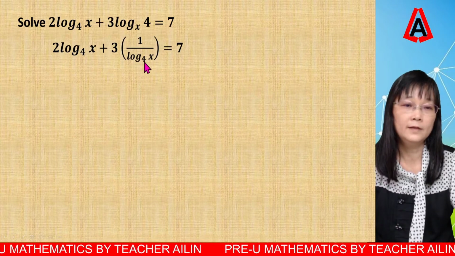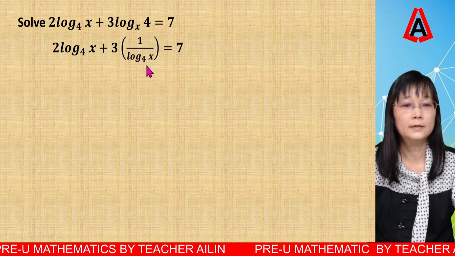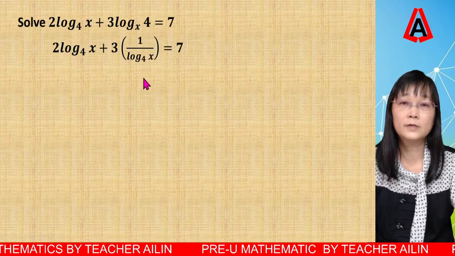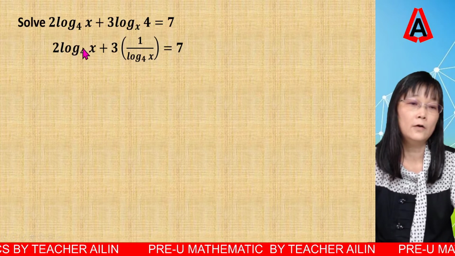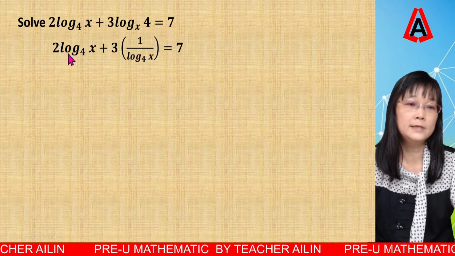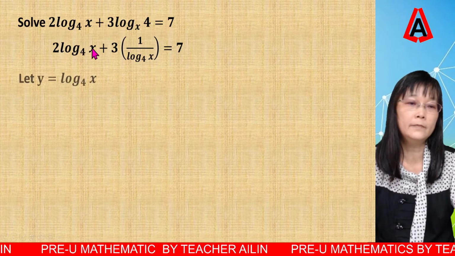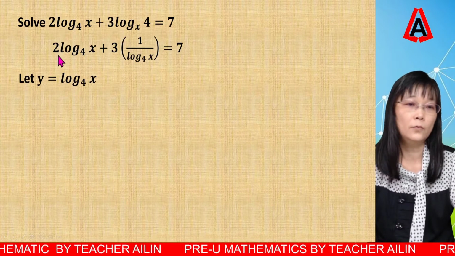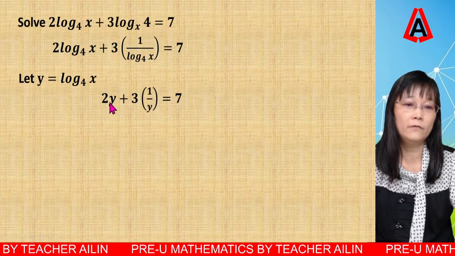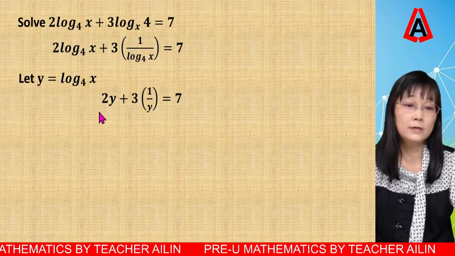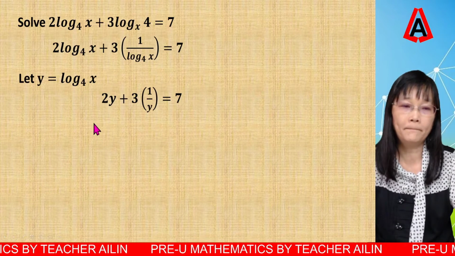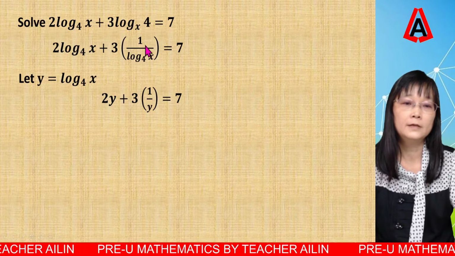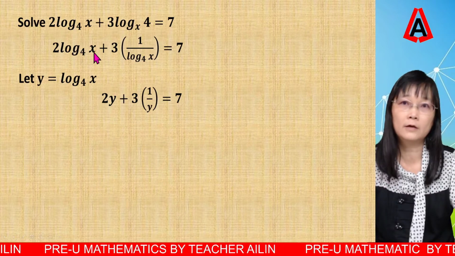After that, in order to make the calculation easier, I replace this logarithm x with base 4 with y. So when I replace this log with y, the equation becomes simpler compared with the equation under logarithm.